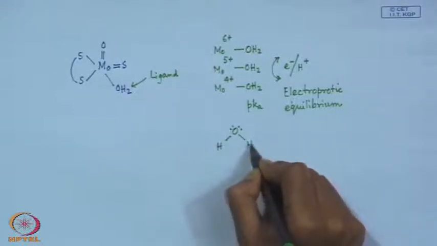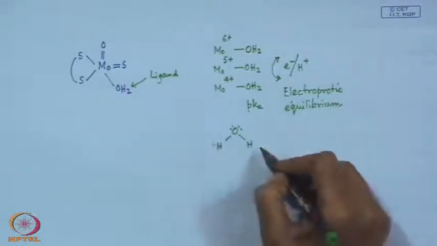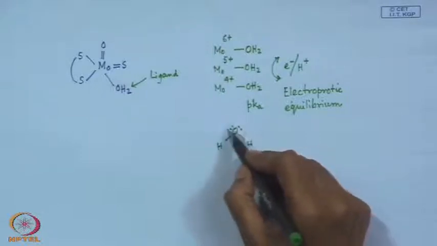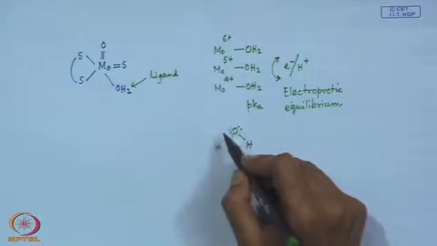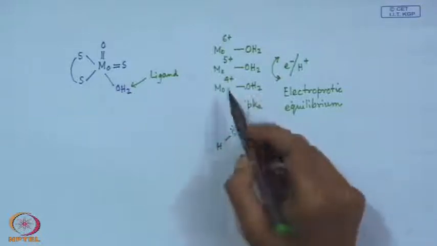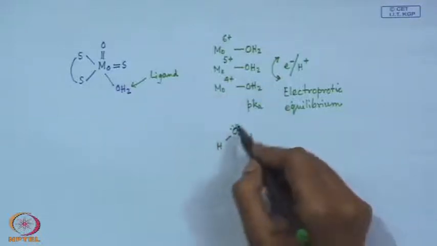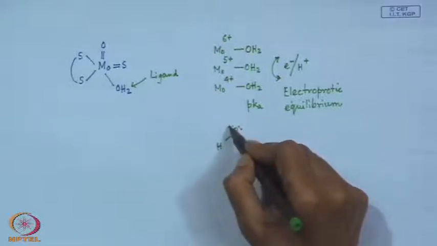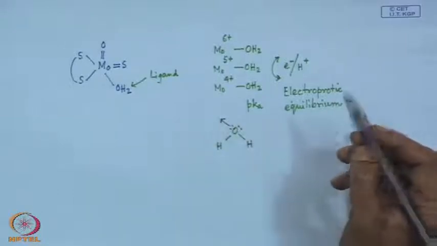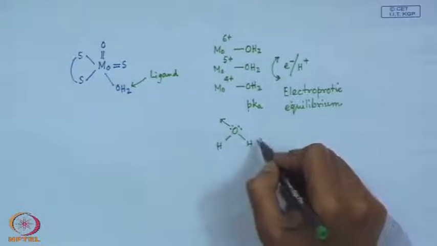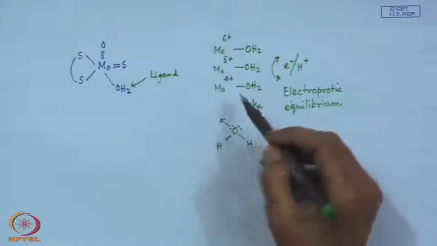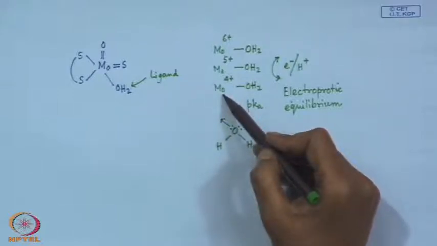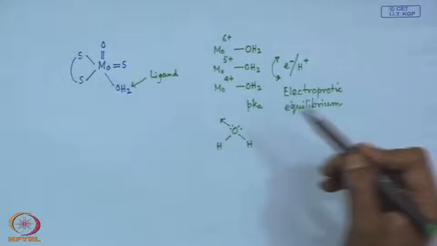We all know the pK value of this water molecule, and when one or both of the lone pairs of electrons are utilized for coordination to the metal center, due to this donation the pKa value changes and we get more and more acidic protons. The pKa value drops as we move from an oxidation state of +4 to +5 to +6.